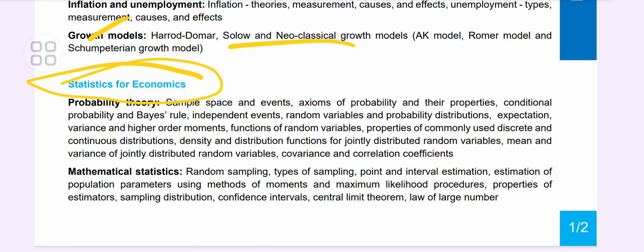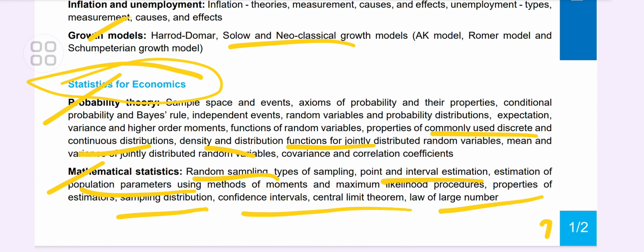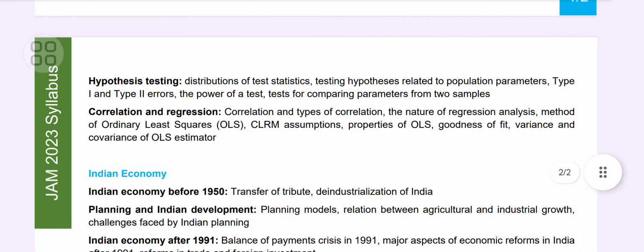So sample space, obviously the probability part, the expectation, the Bayes rule, properties of commonly used discrete and continuous distributions, density and distribution function, then mathematical statistics, random sampling, types of sampling, point and interval estimation, estimation of population parameter, central limit theorem, law of large numbers, sampling distribution, confidence interval, properties of estimators, hypothesis testing, correlation and regression.